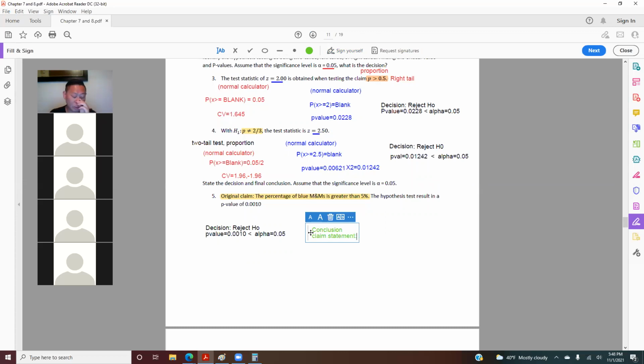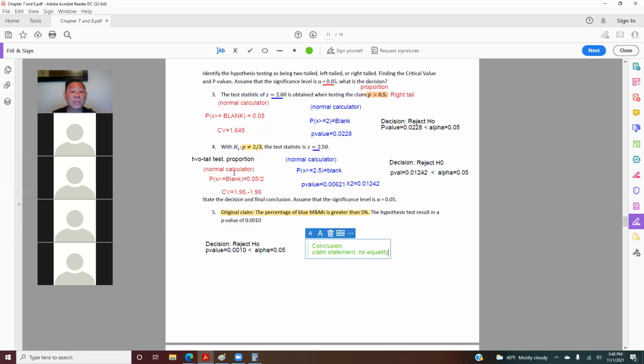It says the original claim, the M&Ms is what? Greater, right? So this claim statement has no equality. When it has equality, then it is a two-tailed test.